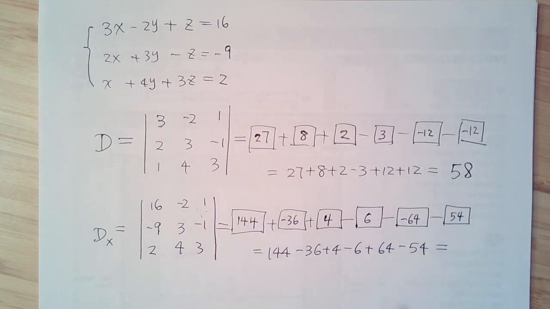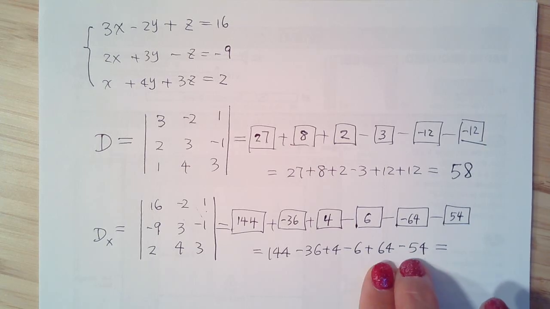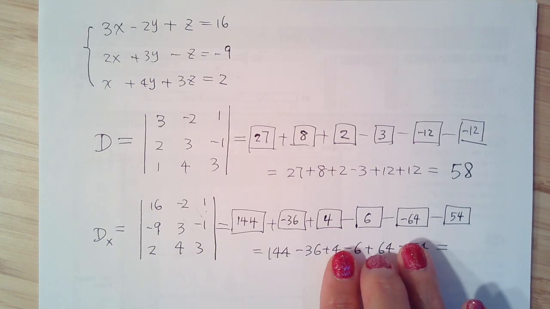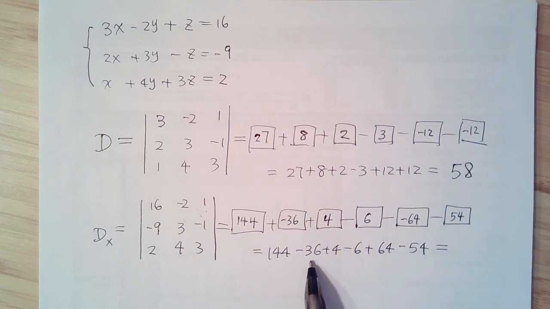If you like, you can just use a calculator, or do this by heart: 64 minus 54 is 10, and 4 minus 6 is negative 2, so this is 8, and 144 plus 8 is 152.